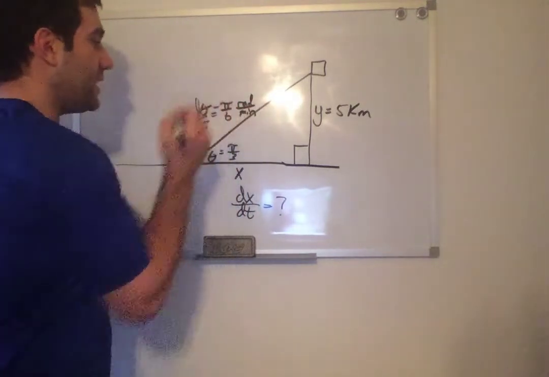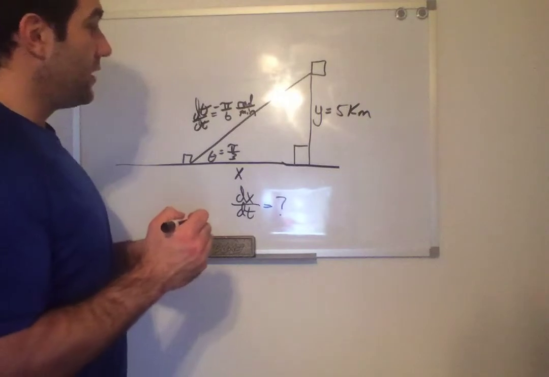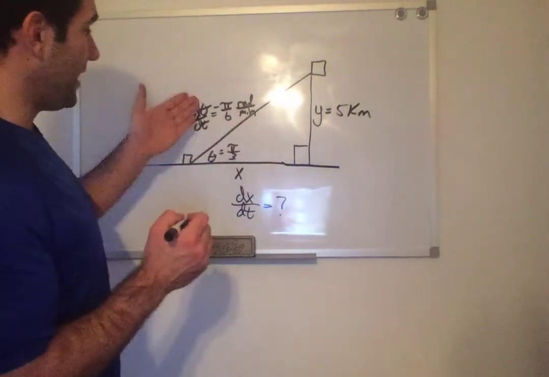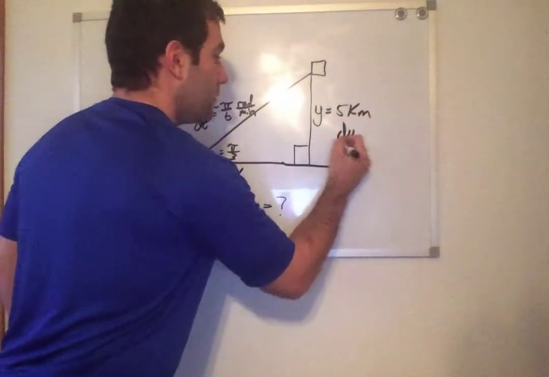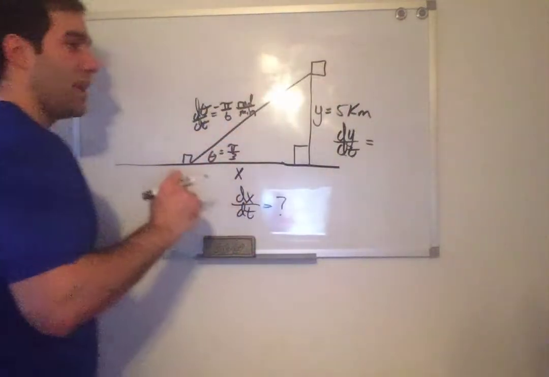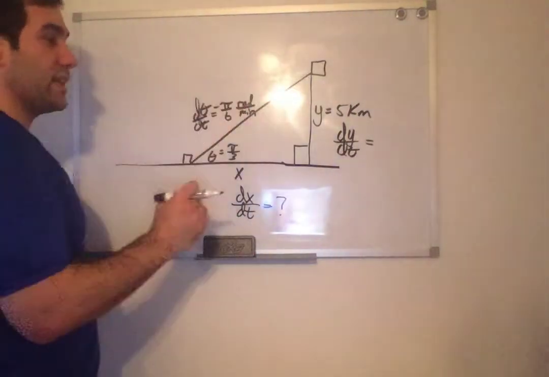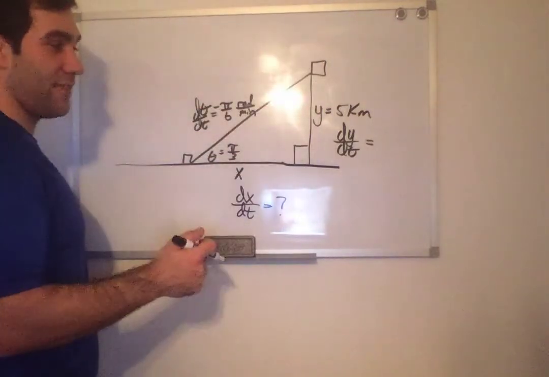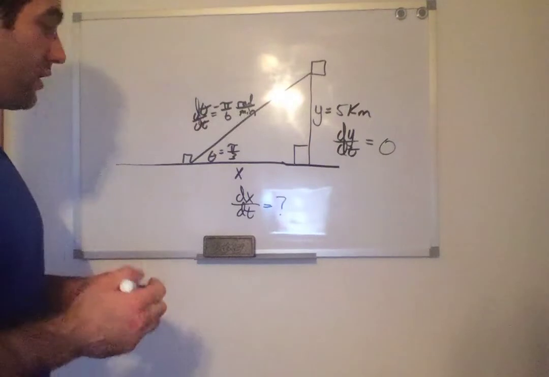Not only that, it's decreasing, so it's going to be a negative. Now, we've got d theta dt, dx dt, dy dt. We're flying horizontally. We're not flying up, we're not flying down. Just pure horizontal, so this y distance never changes. Therefore, dy dt is equal to 0.